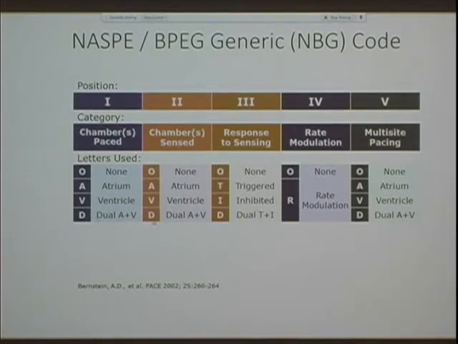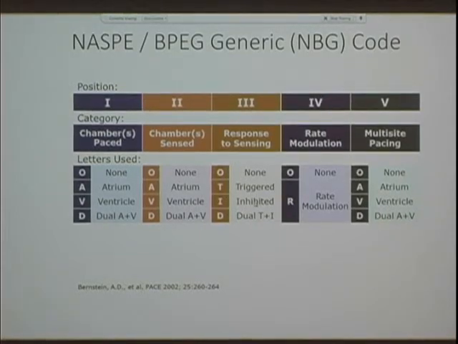So a DDD pacemaker paces in both chambers, senses in both chambers, and is able to inhibit or trigger based on the response to the sensing. A DDI is only capable of inhibiting in response to what it sees. A DOO is going to straight pace and ignore any kind of sensing.